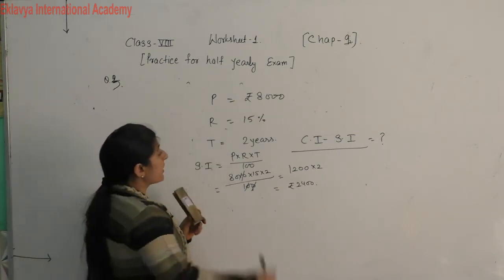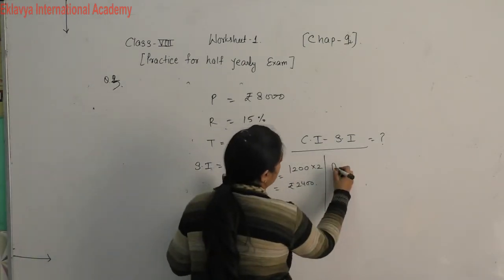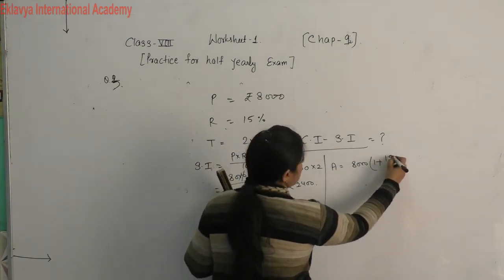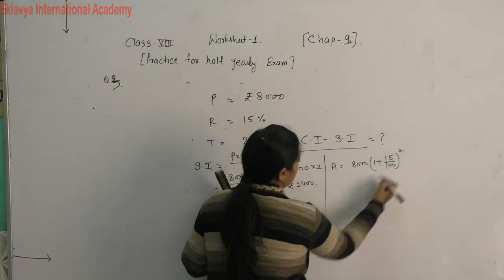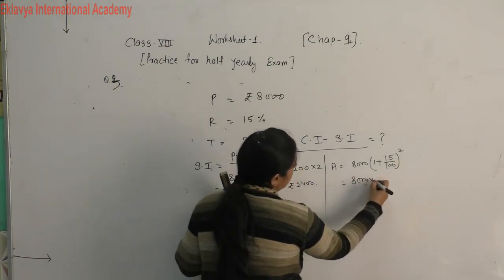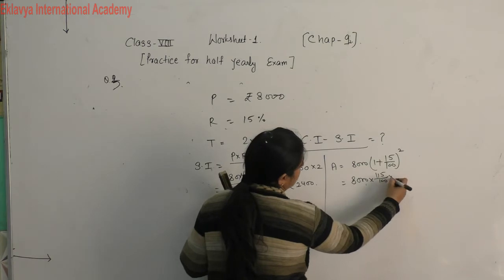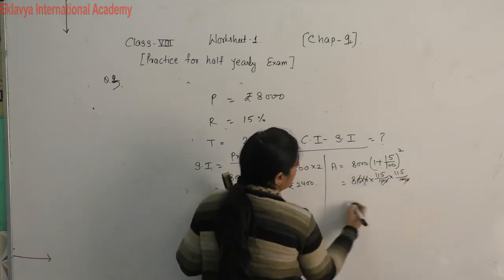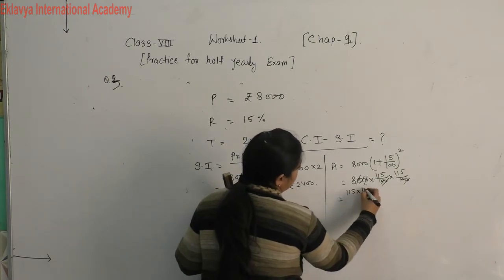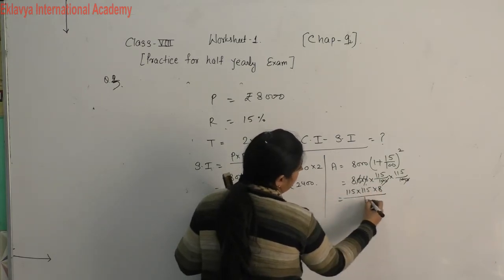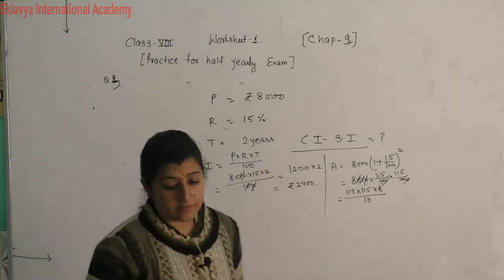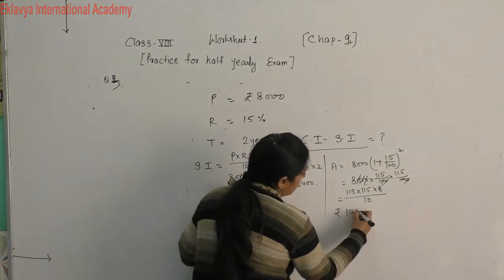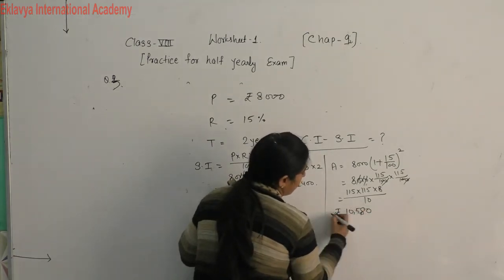Now for the compound interest, firstly find out the amount. Amount is equal to P multiplied by (1 plus R by 100) power 2. This is 8,000 into 115 upon 100 into 115 upon 100. This one cancels out. It becomes 115 into 8 divided by 10. Then you will get the result rupees 10,580.